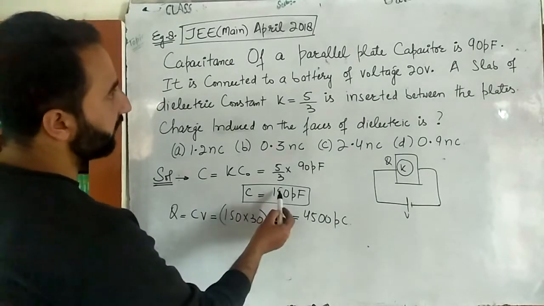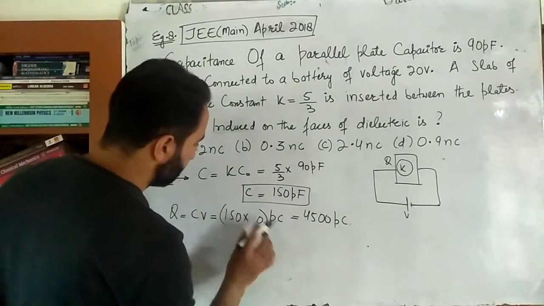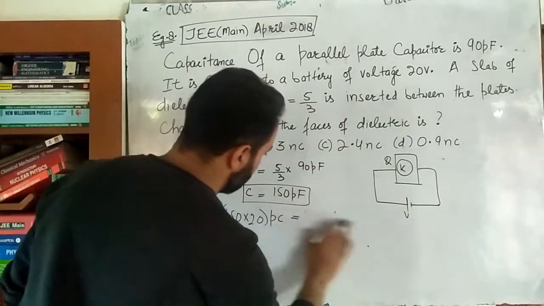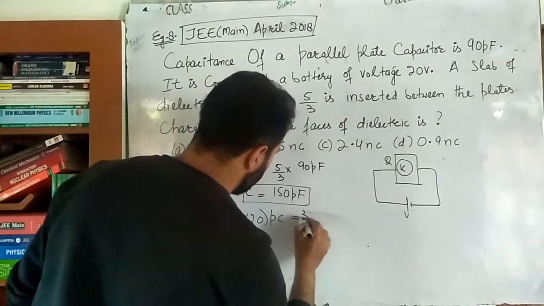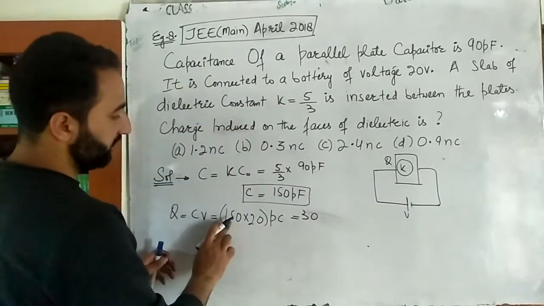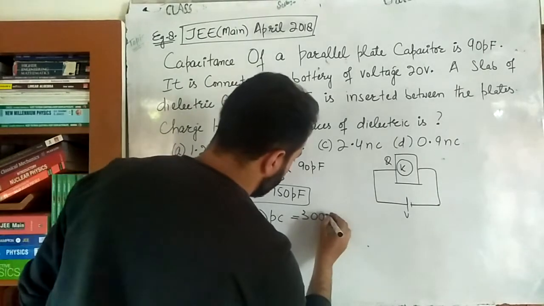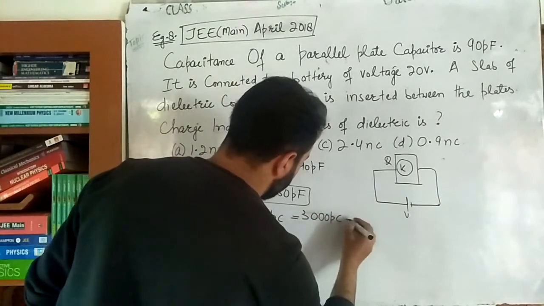Sorry, it is 150 multiplied not by 30 but by 20. I'm sorry, it is 20 here. So this will be here 3000, 2 and 15 is 30, so 3000 picocoulomb.